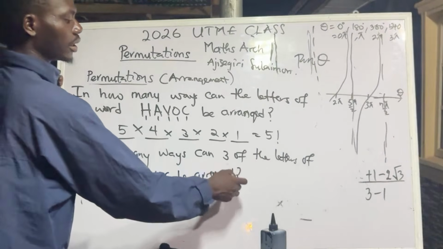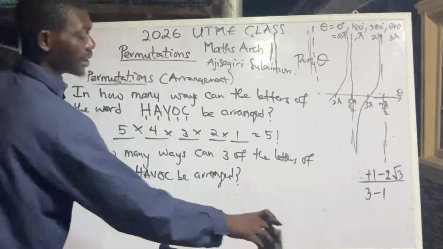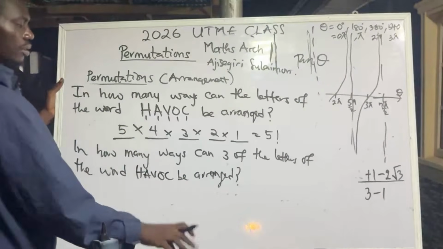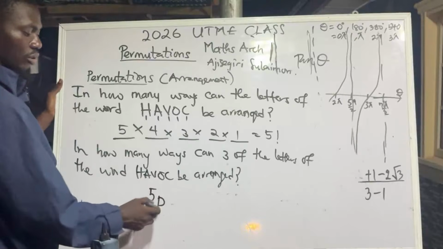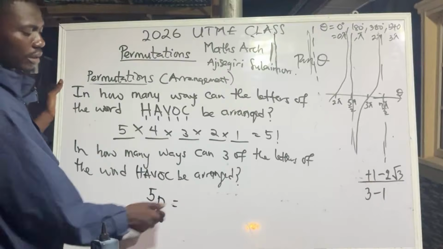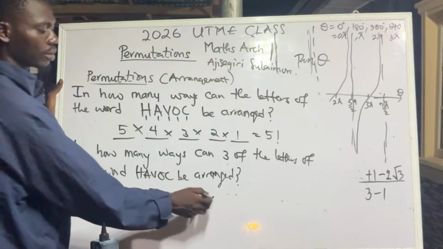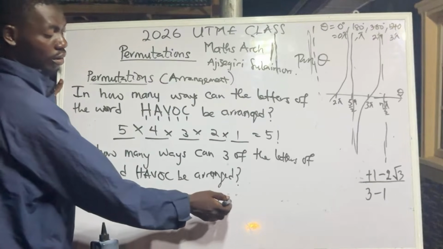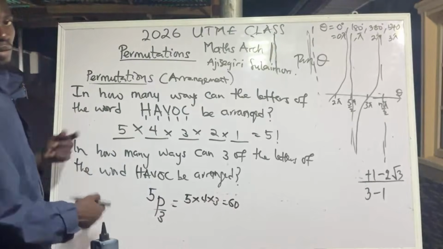What are they saying there? It means we are taking 3 letters at a time. So that would be 5 permutation 3. And what's 5 permutation 3? That would be 5 times 4 times 3, which is 60. I hope you are getting it.